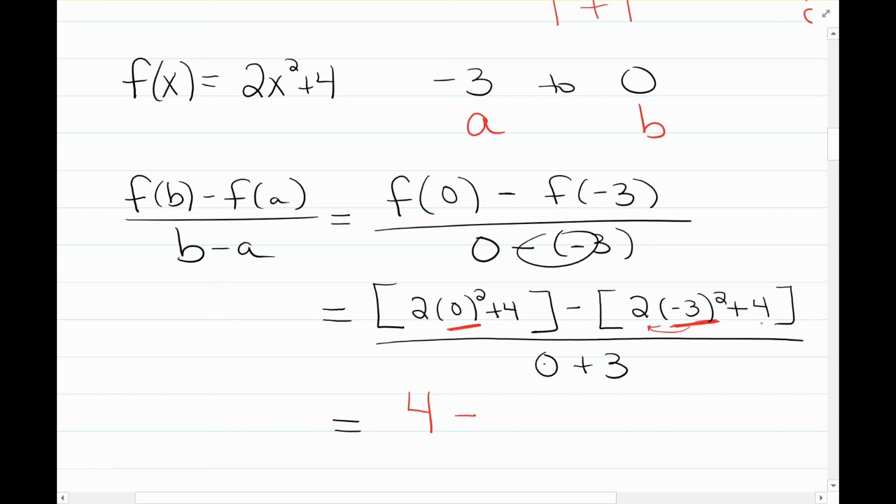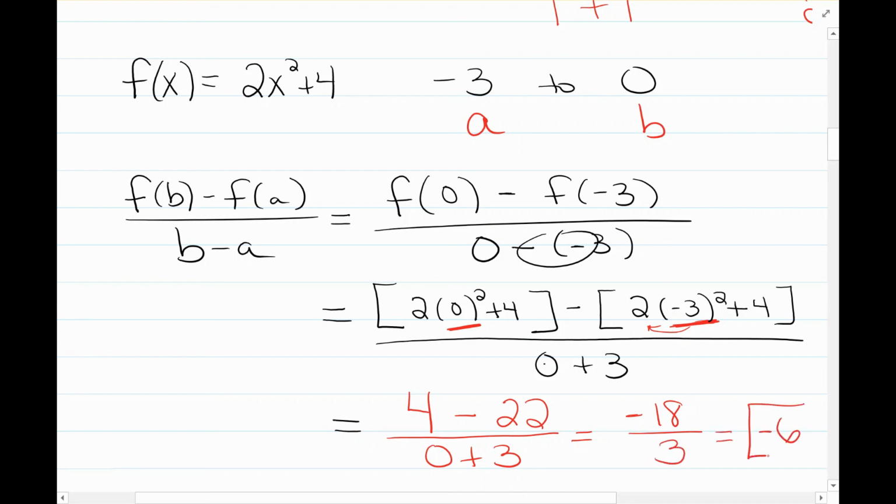And then 18 plus 4, that's 22. And at the bottom, I have 0 plus 3. So 4 minus 22, that's -18 over positive 3. So the final answer is -6.